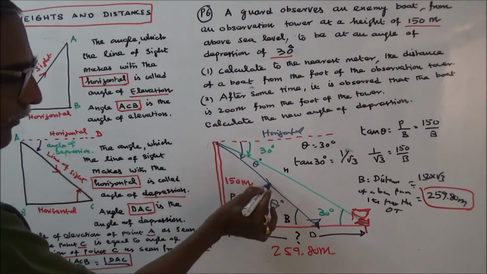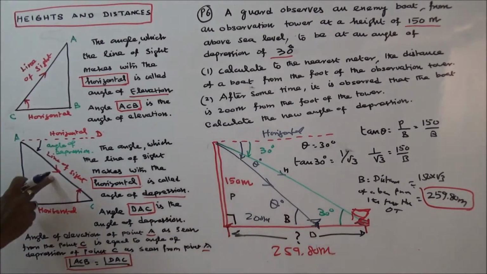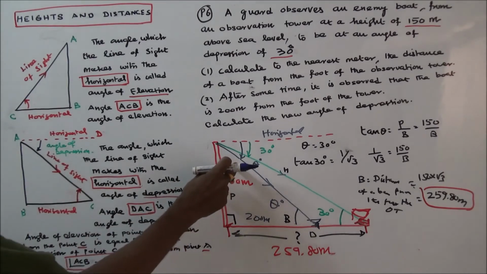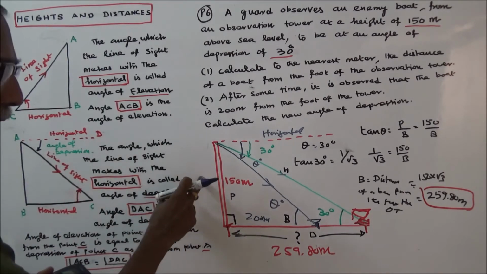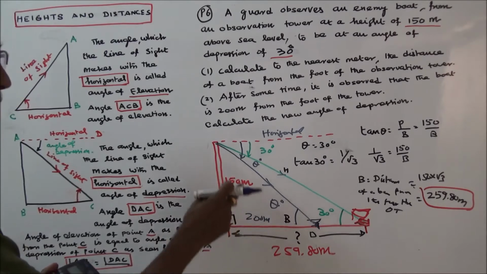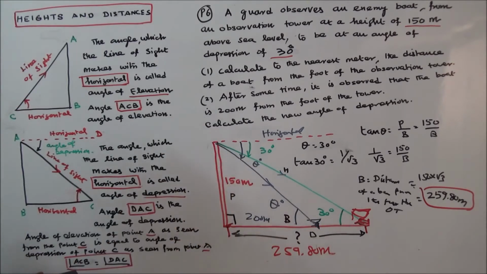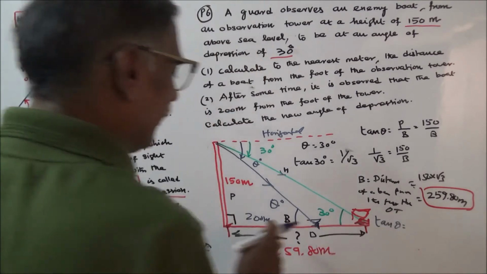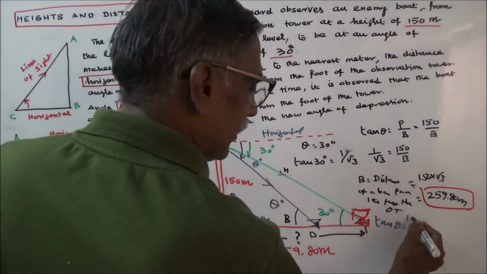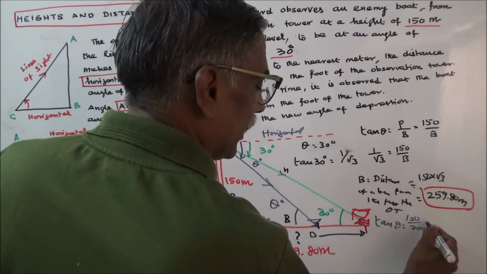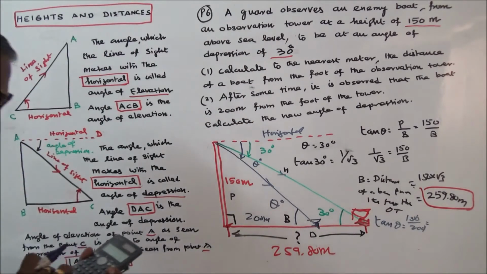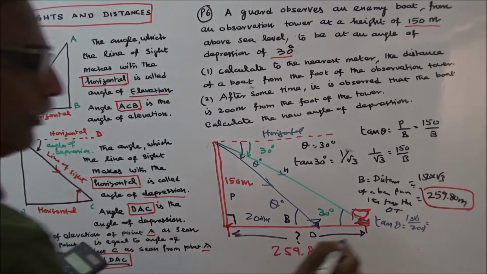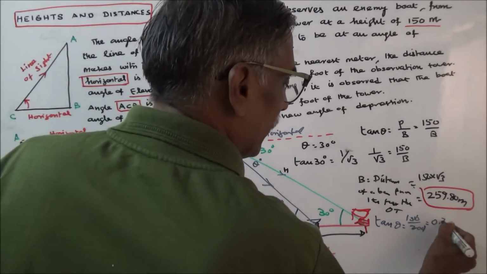We know the perpendicular and the base, so we can easily calculate tan theta, which is perpendicular by base, 150 by 200, that is 15 by 20, equal to 0.75.